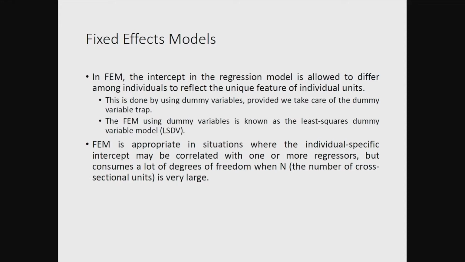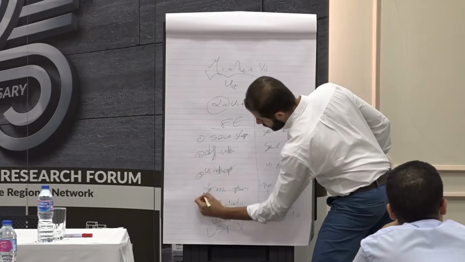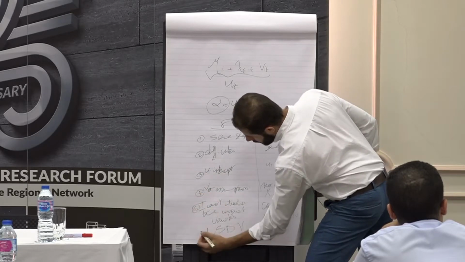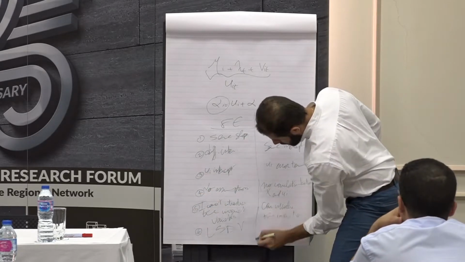And in this case, this individual effect will capture all the time invariant individual characteristics. So in this case, I can call the fixed effect the least square dummy variable. And that's the 6th point.